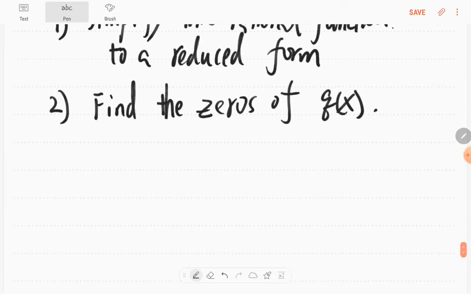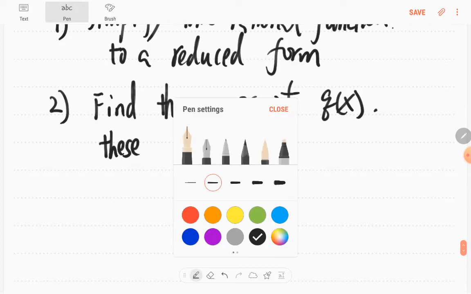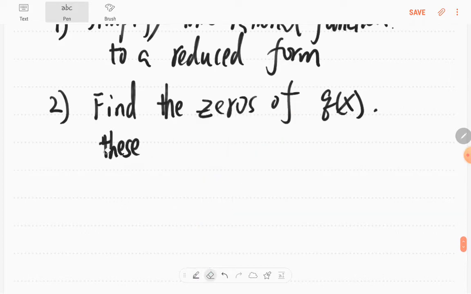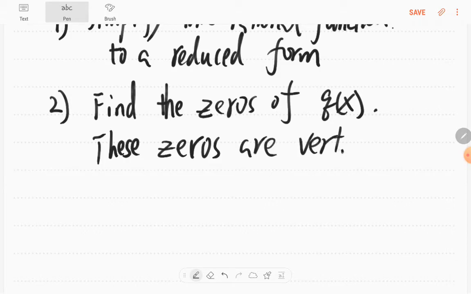Then these zeros are vertical asymptotes.